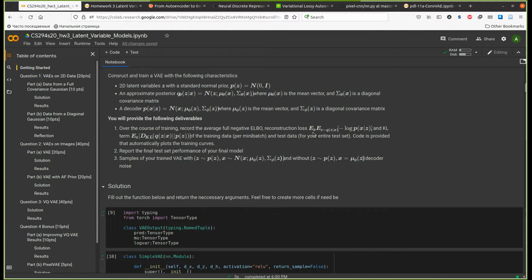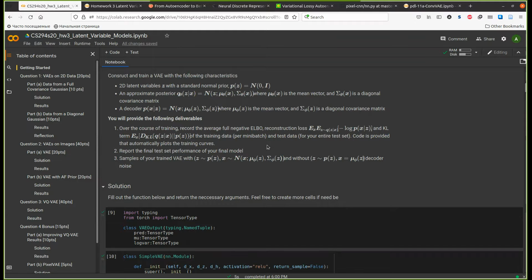So the training objective, like with a variational autoencoder, is the ELBO. We try to minimize the evidence lower bound, right?